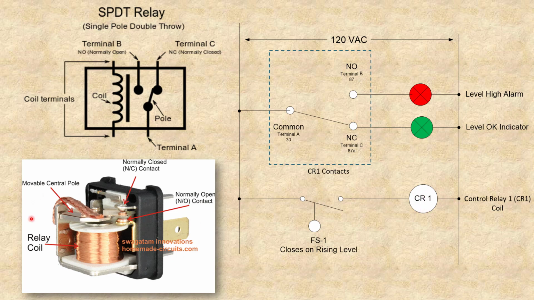It will put current through this coil, creating the magnetic field, and this will change states and go up to here. Now the current from the power source is delivered through these terminals out to create an alarm or a red light, or call for maintenance to come and check it out, or some sort of indicator.